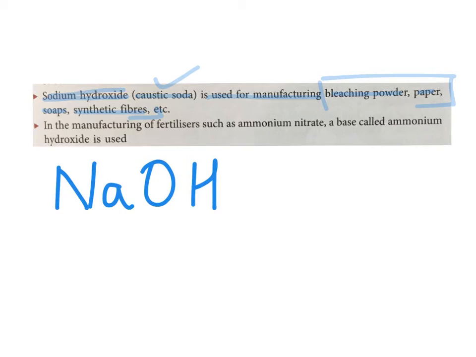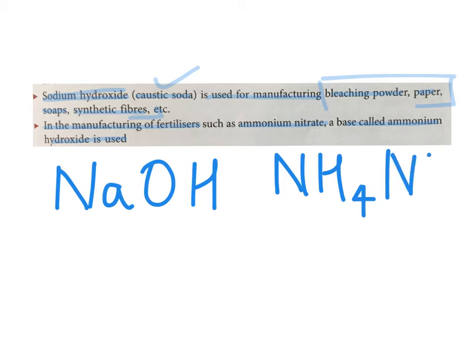The next use, in the manufacturing of fertilizers such as ammonium nitrate, a base called ammonium hydroxide is used. To form ammonium nitrate, the formula of ammonium nitrate is NH4NO3. Children, there is no need to learn these formulas.